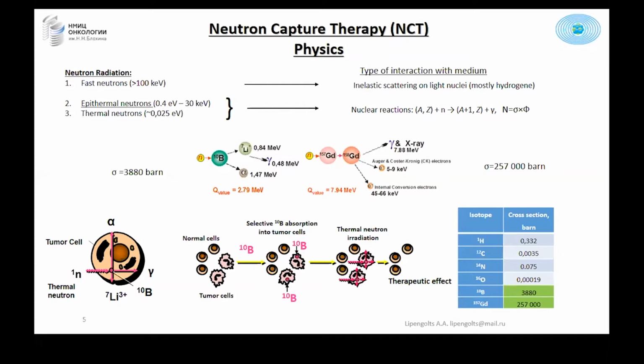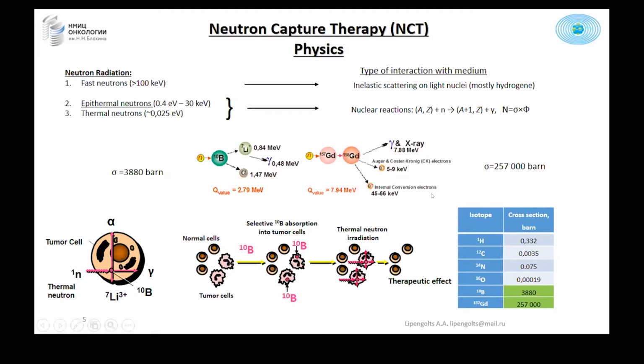Fast neutrons interact by elastic scattering, striking light nuclei, mostly hydrogen, and thermal neutrons interact with matter by means of nuclear reaction. This is called the neutron capture reaction. The number of these reactions is proportional to the number of thermal neutrons delivered to the target, and to a value called the cross-section of the reaction. This value determines the number of nuclear reactions that the neutrons can cause.